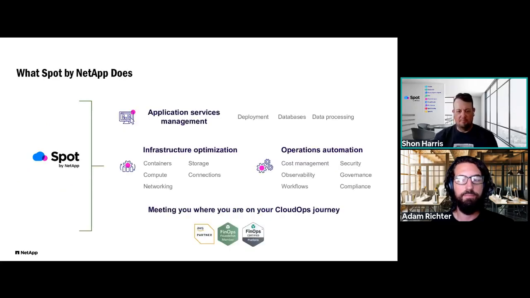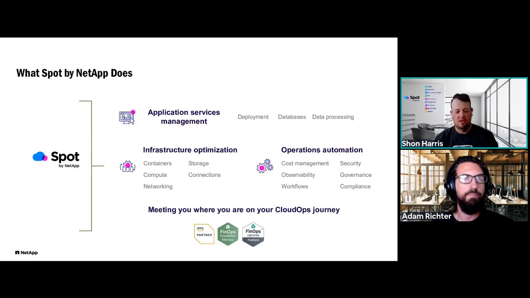So what does Spot by NetApp do now that we know who they are? We do application management. We can help you ensure that your infrastructure is optimized at deployment. We can help you manage your open source database tools. We can help you with data processing speed and machine learning as you're training models. We can help you optimize your infrastructure, from containers to virtual machines to networking to storage to the incoming connections through your API.